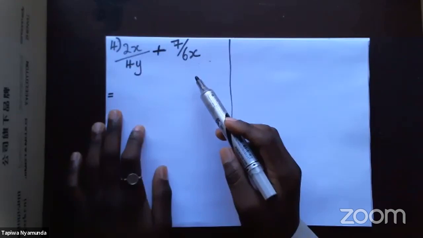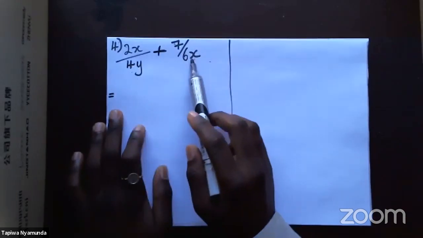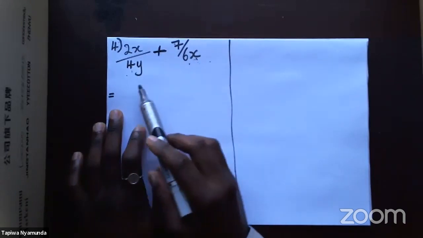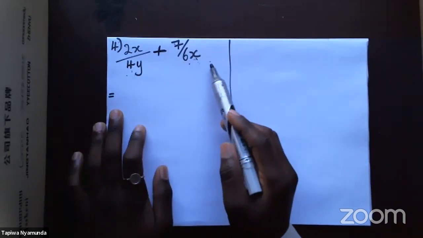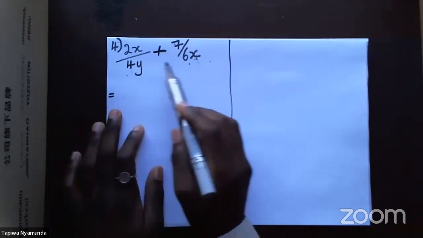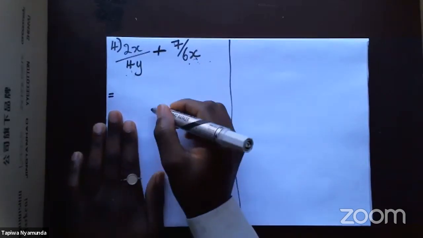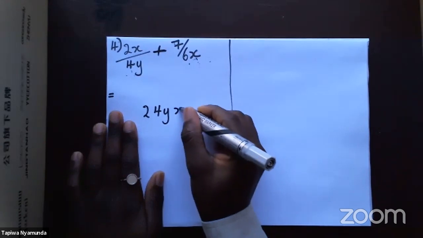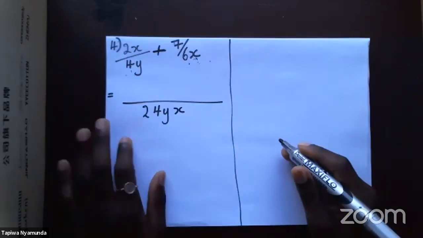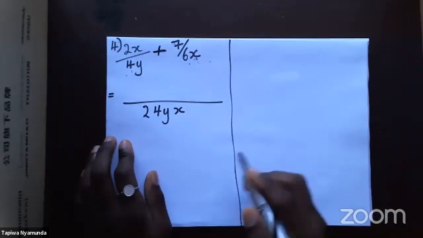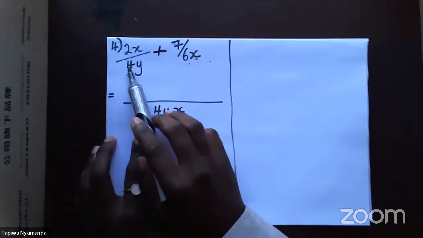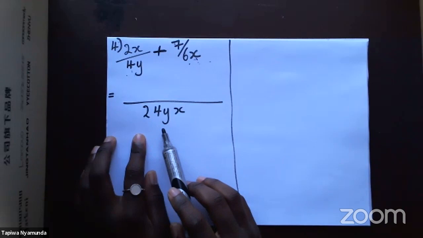So we multiply 4y and 6x. What do we get when we say 4 multiplied by 6, guys? I get 24yx. This is the common denominator.